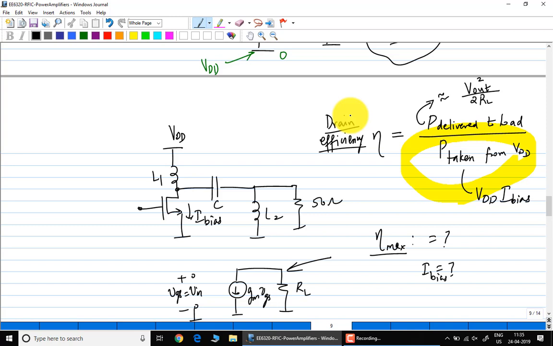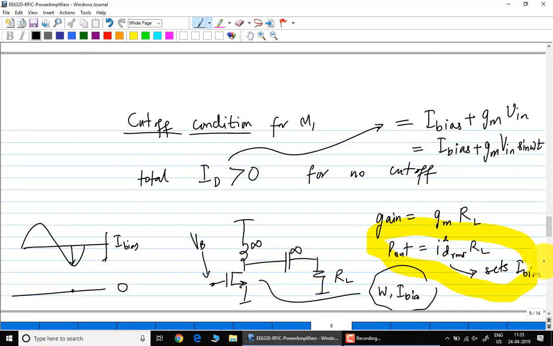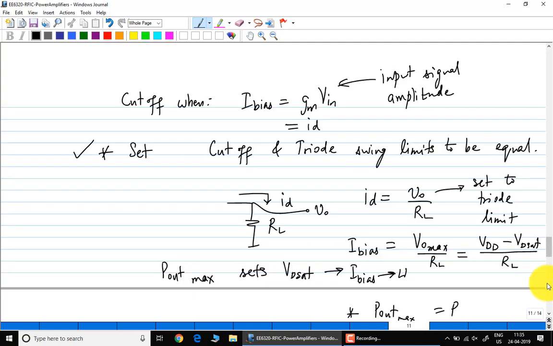How do you get the signal current amplitude? Maximum output power condition should be equal to IRMS squared times RL. That will give you the maximum signal current. From that you back calculate the maximum DC value, or the minimum bias current that you should give for the circuit. That you get from the cutoff condition, and we looked at all of this. Any questions on this before we move on?